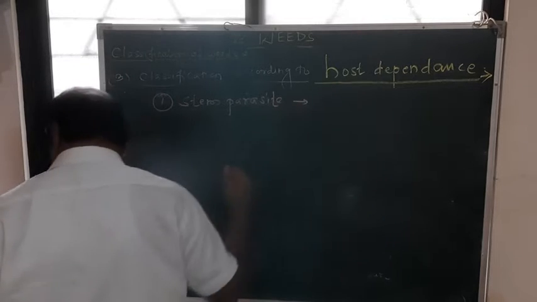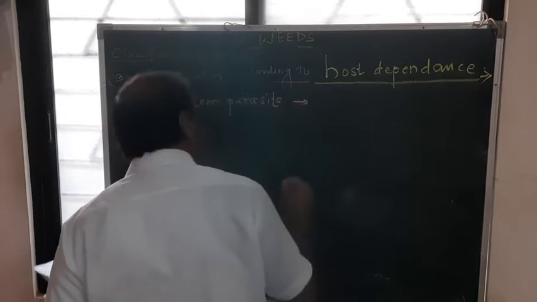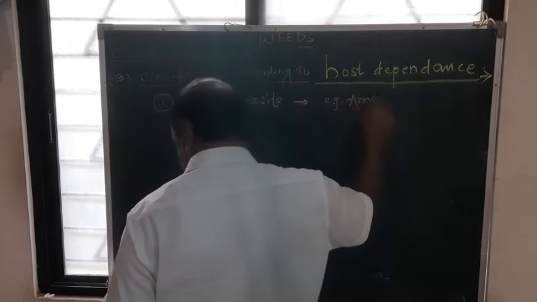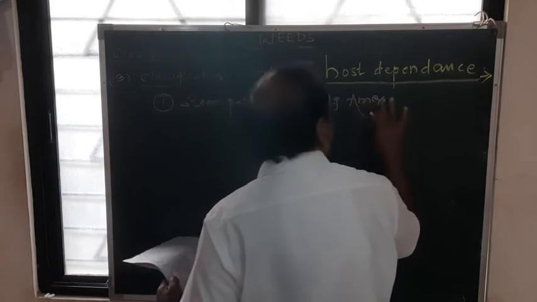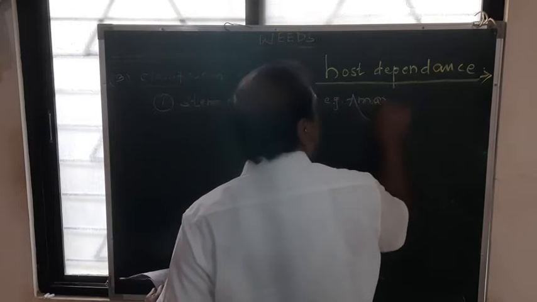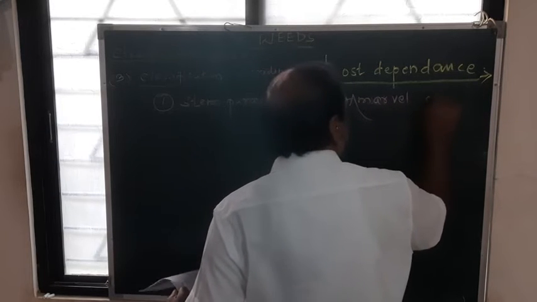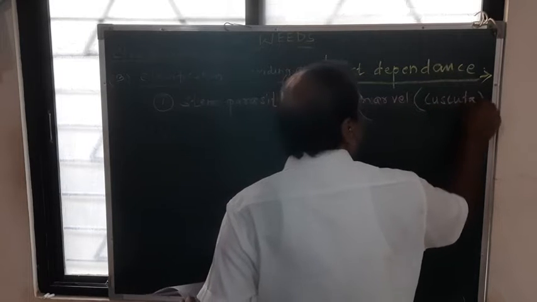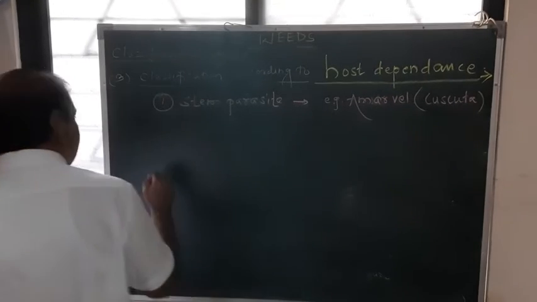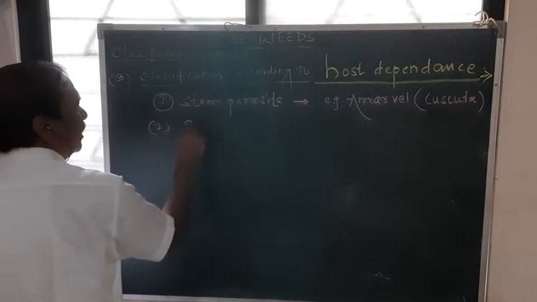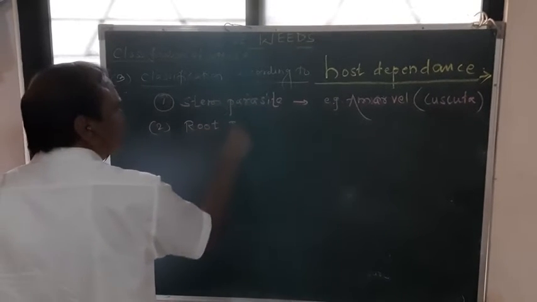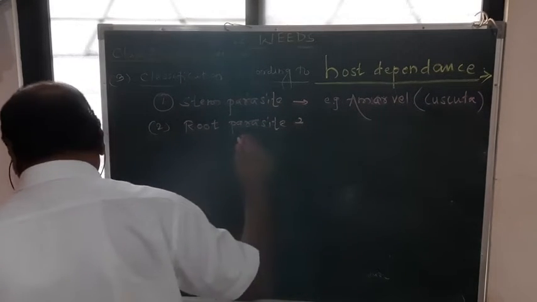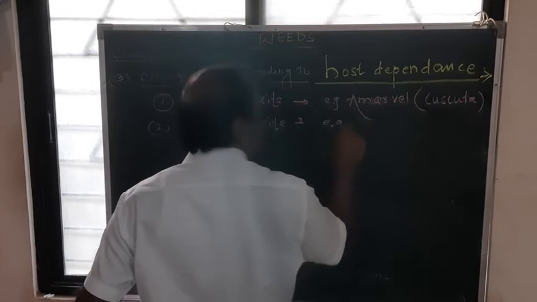Example is Amarvale, commonly named Cuscuta. Second is the root parasite. Example is Striga.